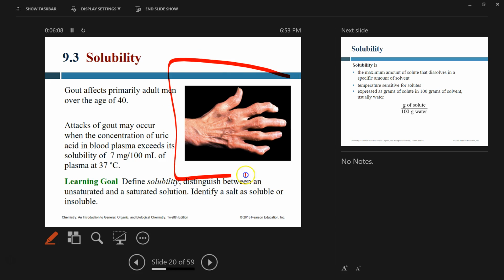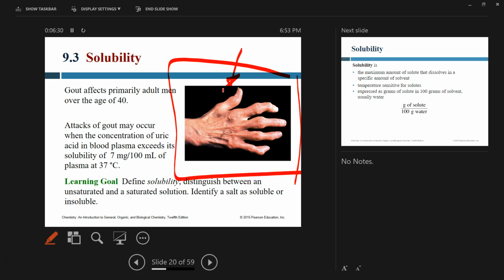You have probably heard about the condition called gout. My dad has it. Yes, that is a deposition of uric acid in the joints. It may affect hands, but mostly affects feet.